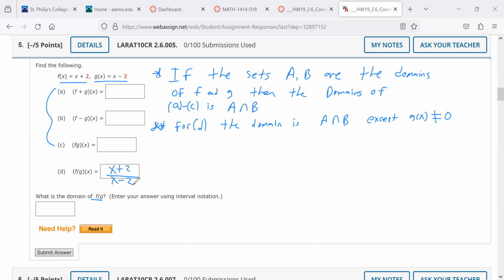They can plug in any number except 2. The domain is everything except 2. So in interval notation, though, you would write negative infinity until 2, and then everything after 2.